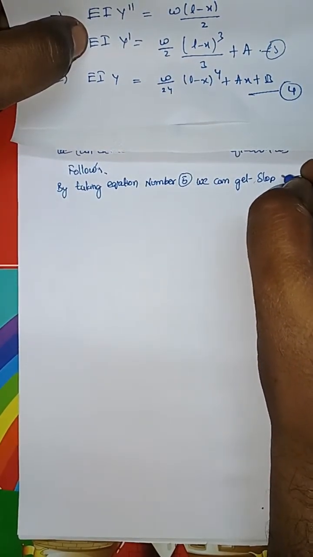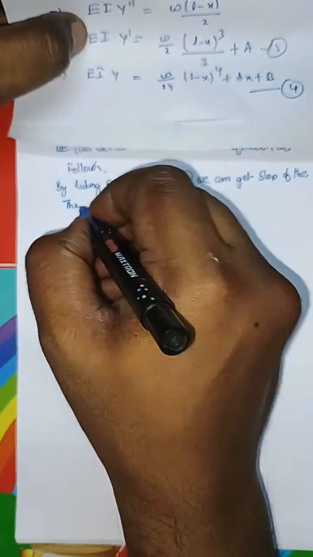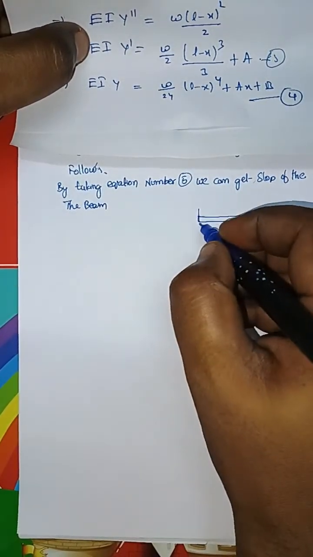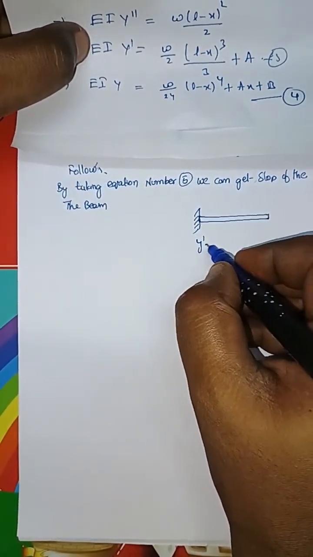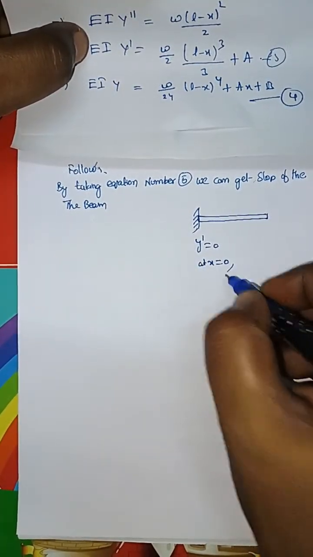Slope of the equation of the beam. Now if this is the beam and this side is fixed, the support condition tells us that y dash is equal to 0 at x is equal to 0.